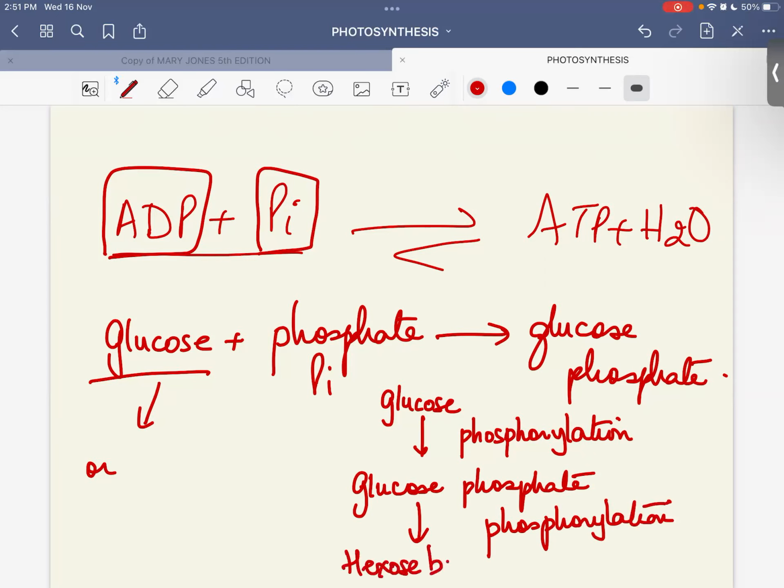We did this in glycolysis. अगर याद हो आपको तो. Glucose, yes. Wait. ठीक है?